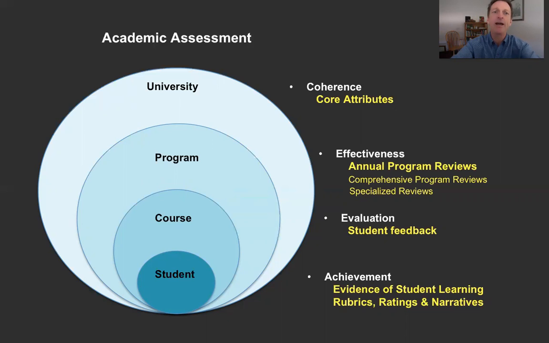So let's look now at what we'll be doing in the 2017-18 annual program reviews, keeping in mind that the purpose of program reviews is for faculty, as professional communities of practice, to take stock of student achievement and feedback, reflect on program effectiveness, and examine coherence across the system.